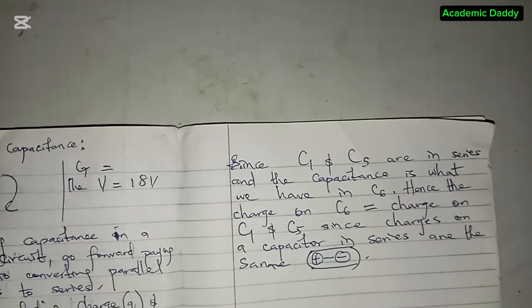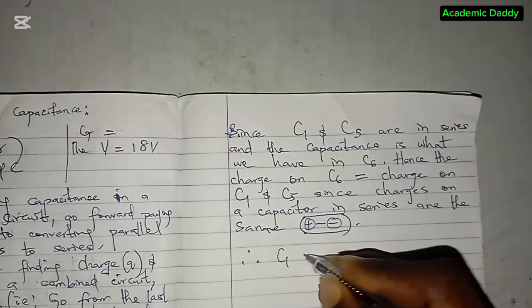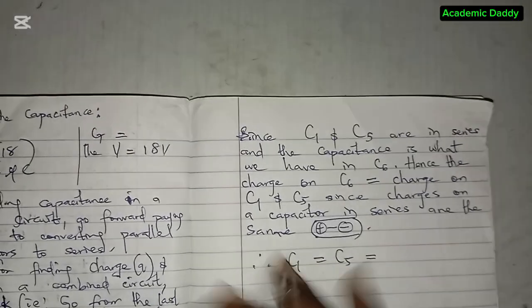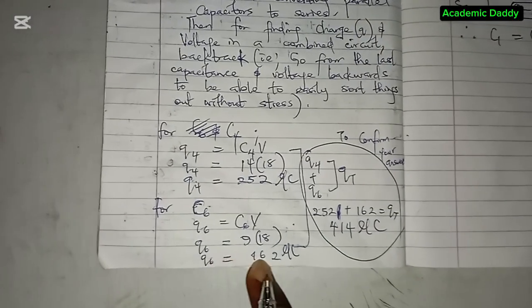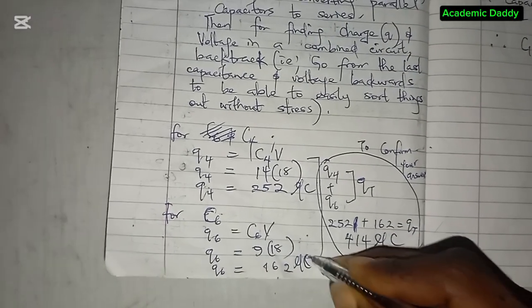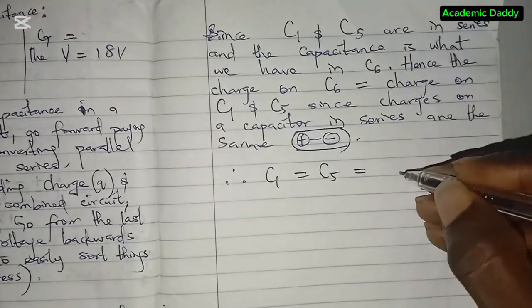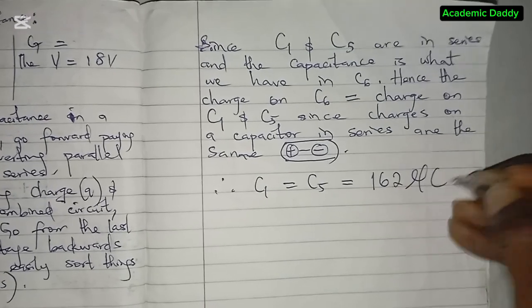So for that reason, therefore, C1 equals C5 equals, what did I get for C6 as the charge? So the Q of C6 is 162 microcoulomb. 162 microcoulomb. Therefore the charge on C1 equals the charge on C5, which equals 162 microcoulomb.